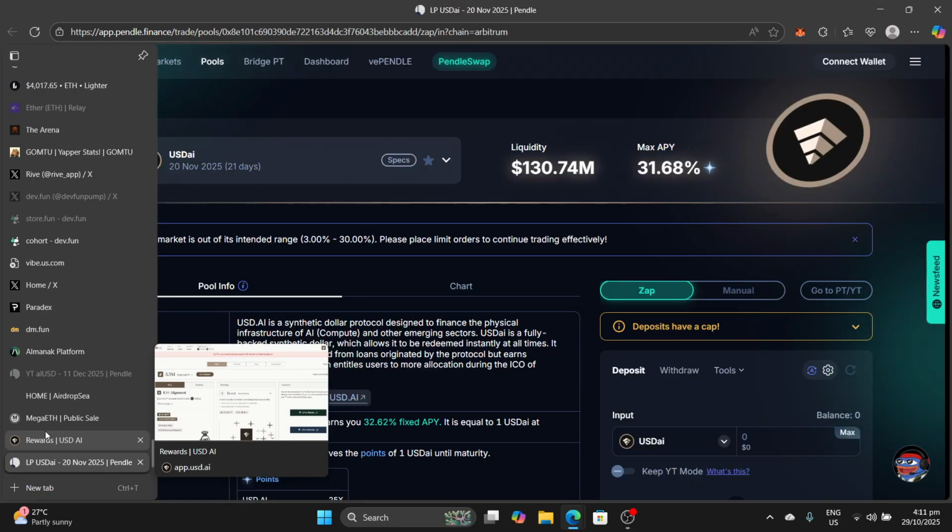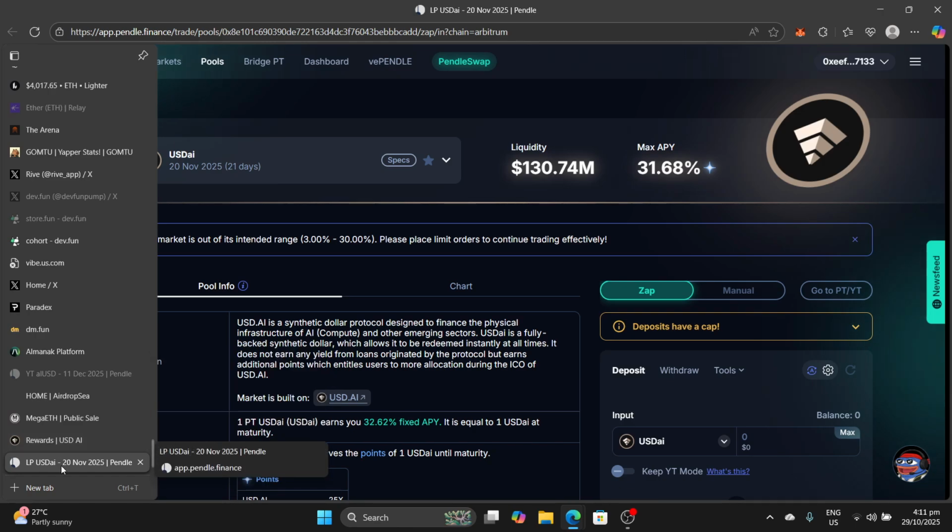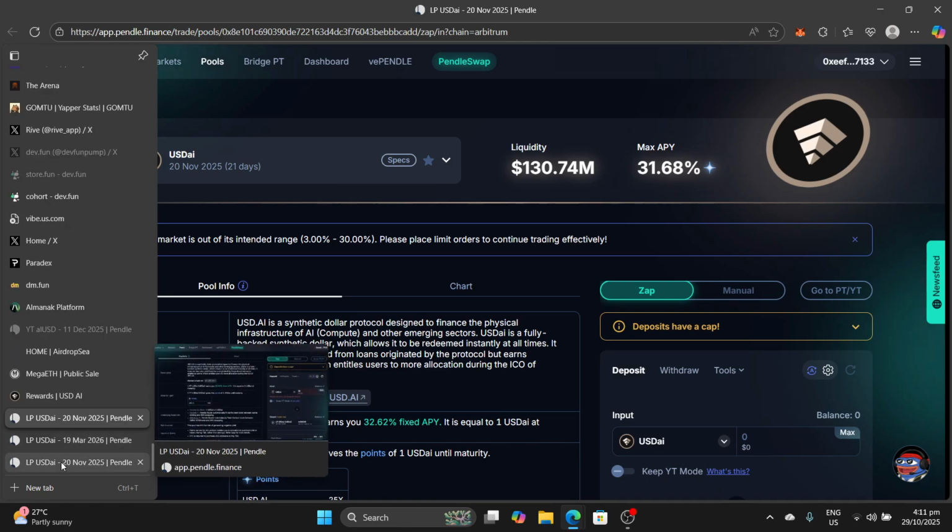Because the plasma one, if the multiplier is similar to the Arbitrum one, the plasma one will be a better deal because you can sell it. Let's say the airdrop happens December, your principal will not exhaust.